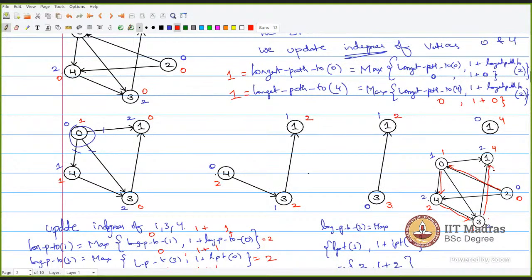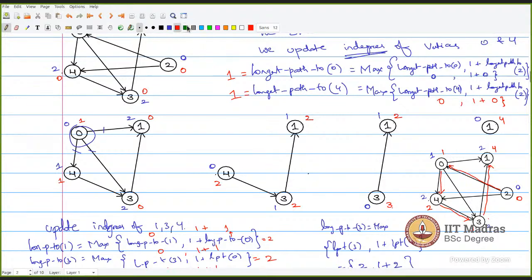So this is the longest path in this particular graph. You can reach from vertex 2 to vertex 1 via 4 edges: from 2 to 0, 0 to 4, 4 to 3 and 3 to 1.